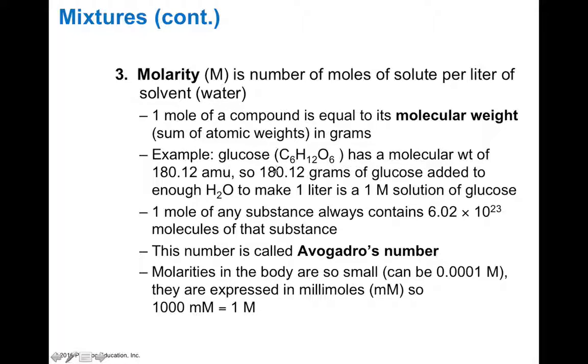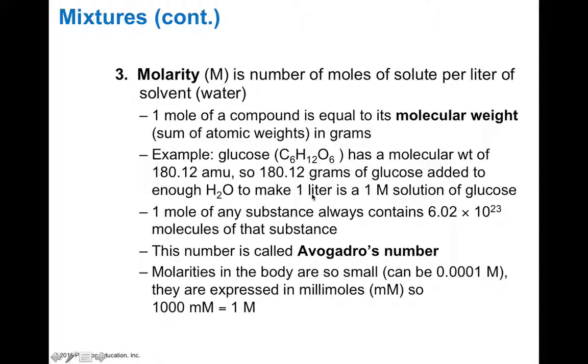So what we find then is that glucose, C6H12O6, has a molecular weight of about 180 atomic mass units. So 180.12 grams of glucose added to enough water to make a liter is 1 molar of glucose. You might find that certain substances are expressed in units of molarity. But in the body, a lot of molarities are very small, because you're not going to dissolve 180 grams of glucose within 1 liter of water.